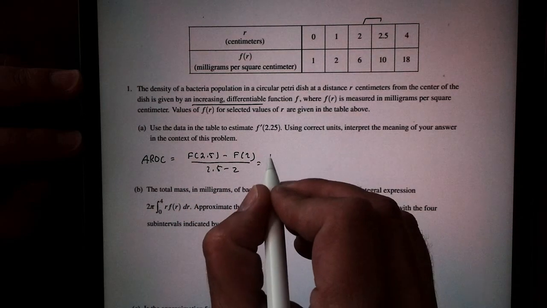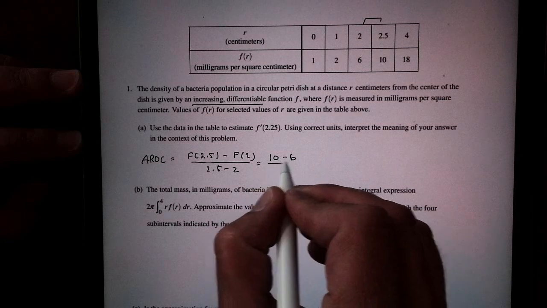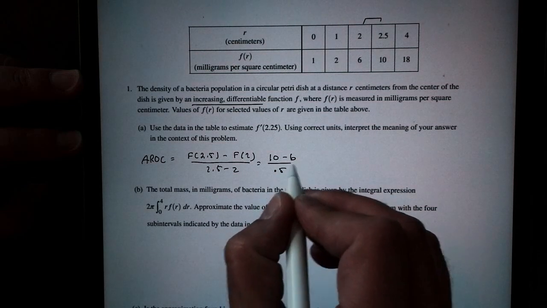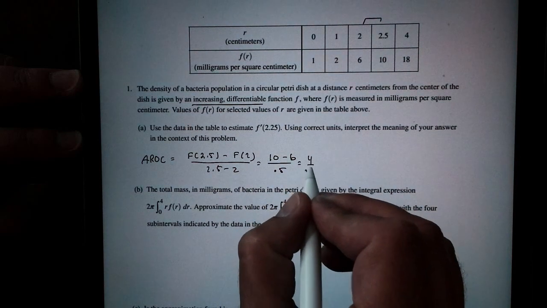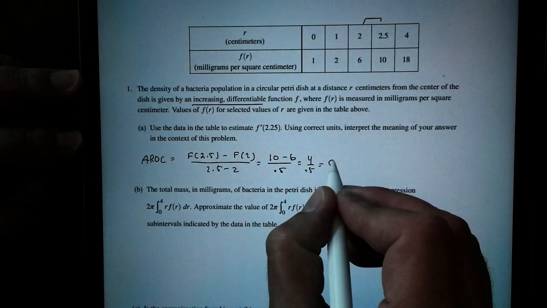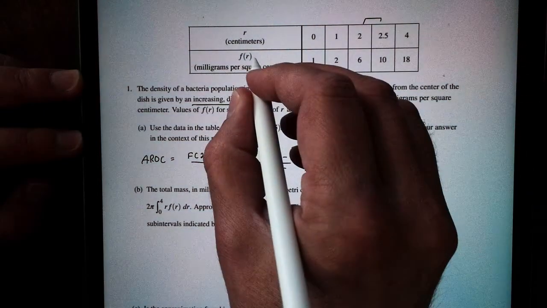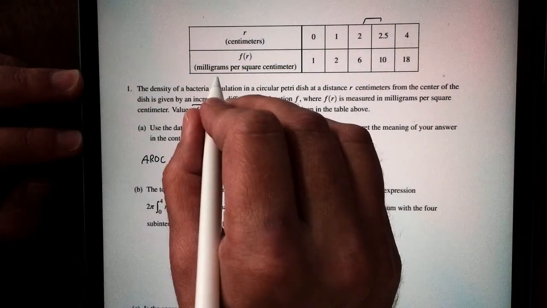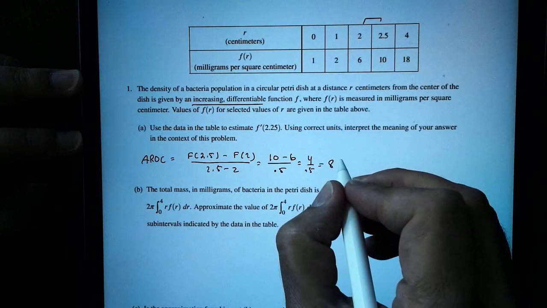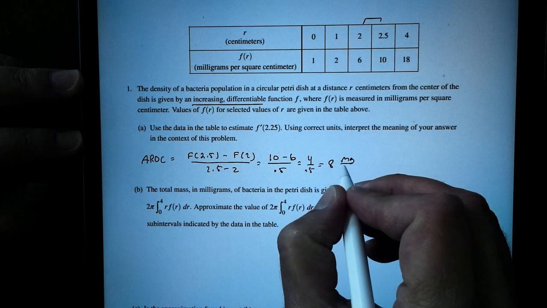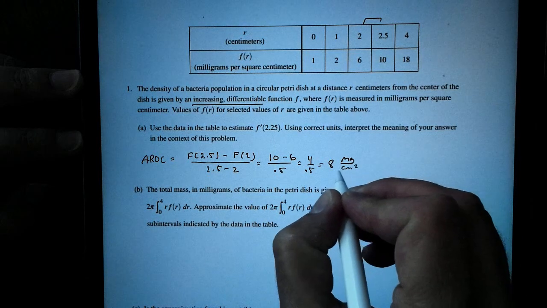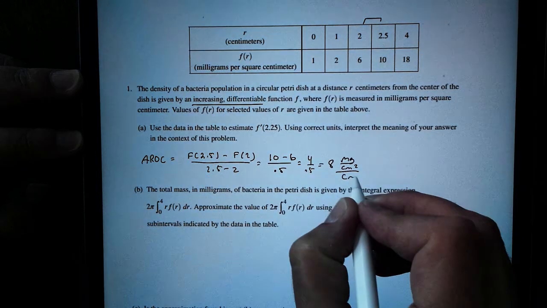And that's 10 minus 6 over 0.5, or 4 over 0.5, which is just 8. Now the units on this one: on top we have milligrams per square centimeter, over, on the bottom, centimeters.